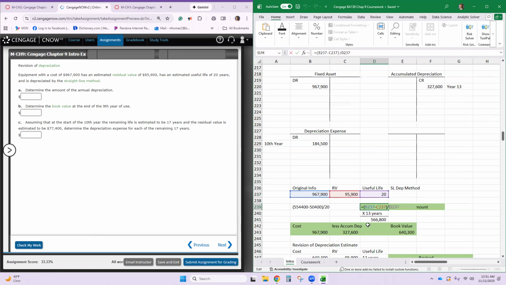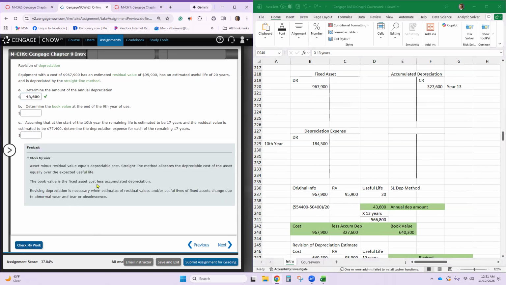Okay, so it looks like it is $43,600 for 1 year. Let's check. That's right. Okay, now determine the book value at the end of the 9th year.